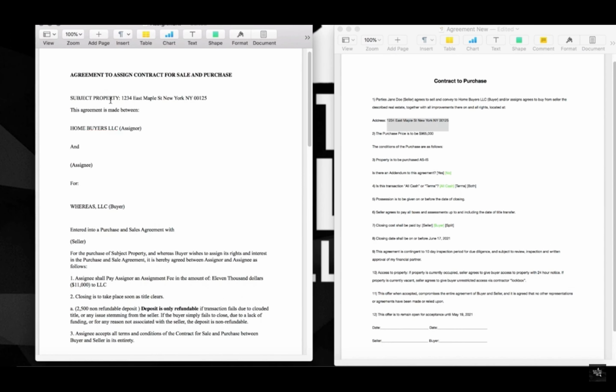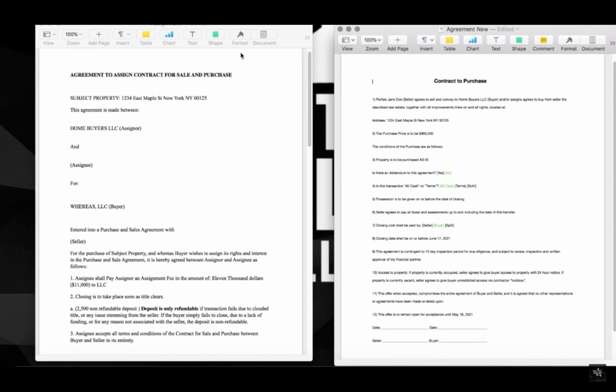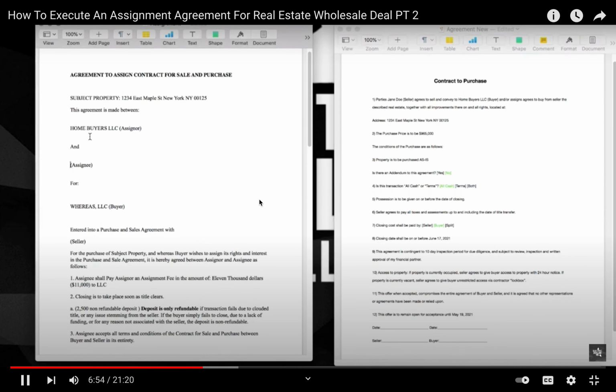So you put your name next to assignor, your LLC. And then whoever your buyer is that you're going to be assigning this to, you're going to put their name or their LLC next to the assignee, which goes right here.